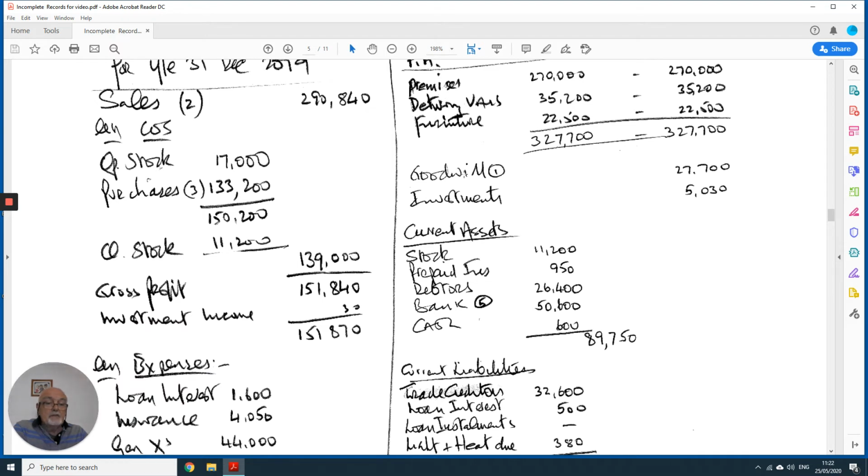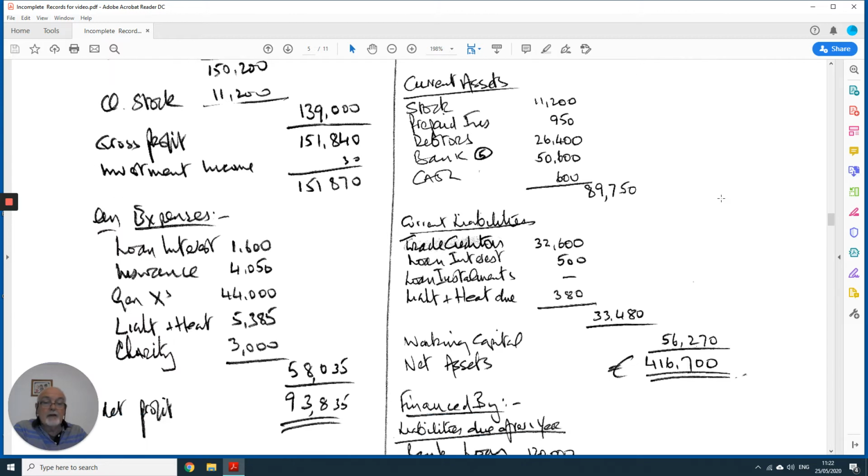We have the intangible fixed asset, the goodwill, the attractive force that brings in custom, 27,700, calculated in note 1 or adjustment 1. We've got the investments, that's the 1,250 for each of the 4 months plus the €30 investment income earned.